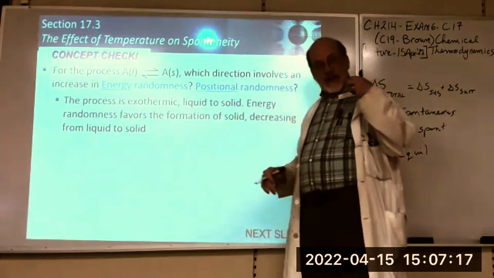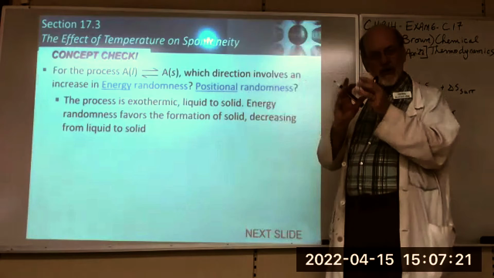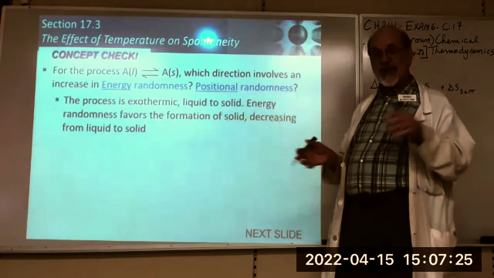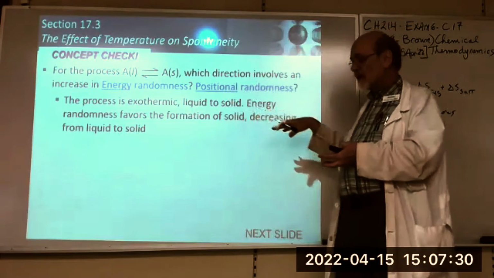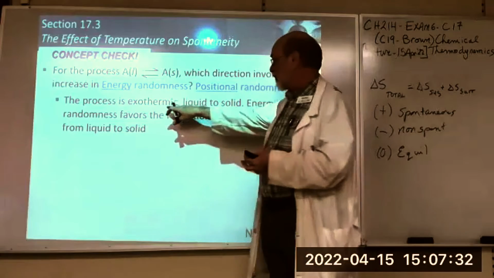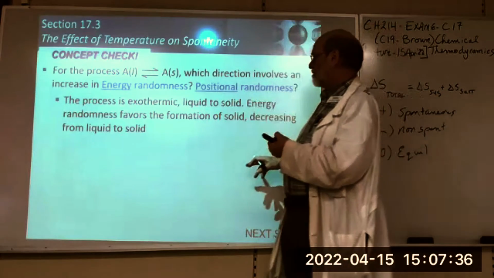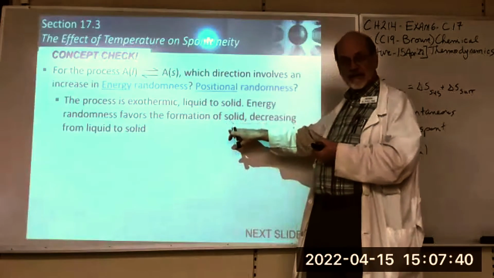As it goes from liquid to solid, it has to give up energy because those molecules now are slowing down, right? And we can't create energy, we can't destroy energy, it's got to do something. So it gives up the energy from the system into the surroundings. So when that exothermic process occurs, then energy randomness favors the formation of the solid.